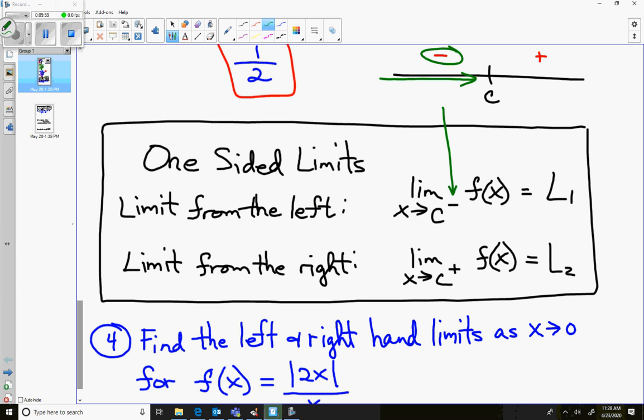If we are coming from the right, then there's going to be a plus, and it's a little superscript. So that's what that is right there. So if you see that little minus or plus as a superscript on your limit as x goes to c, that simply means a one-sided limit. The minus means coming from the left. The plus means coming from the right.